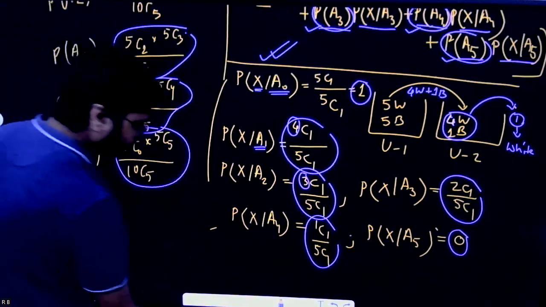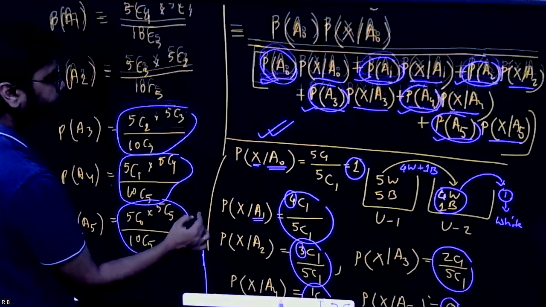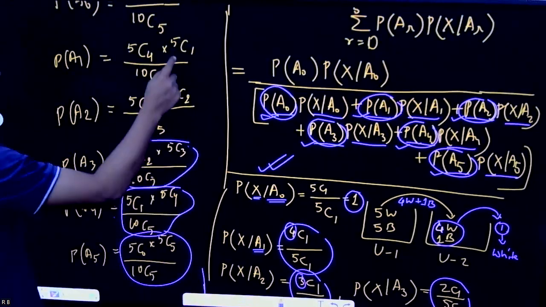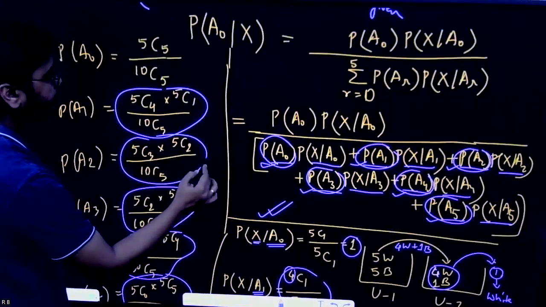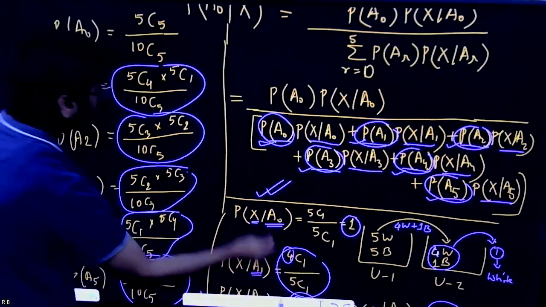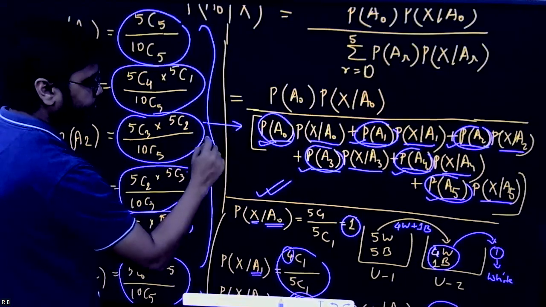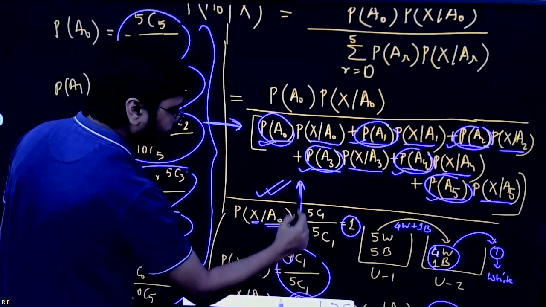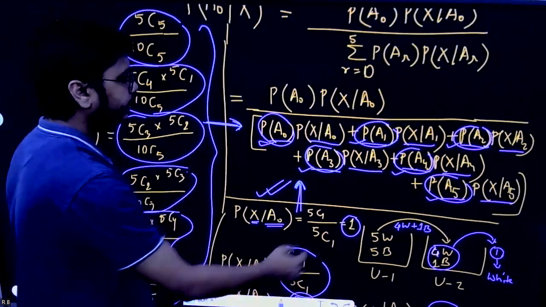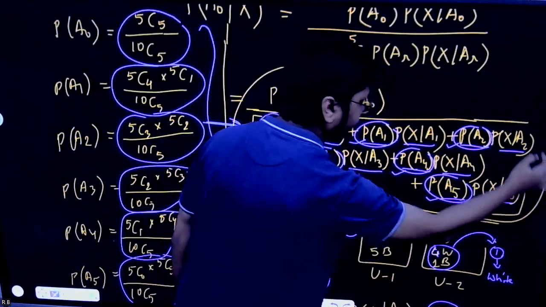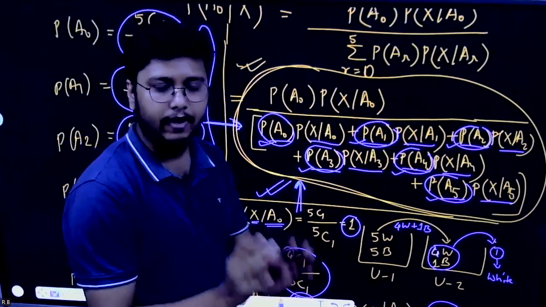All these values are going to get substituted over here from my left-hand side and from below. Whatever things I've calculated, all these are going to get plugged in right over here. So if I plug in all the values, that is going to give me my final answer.